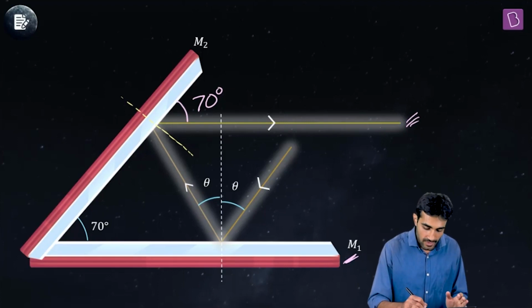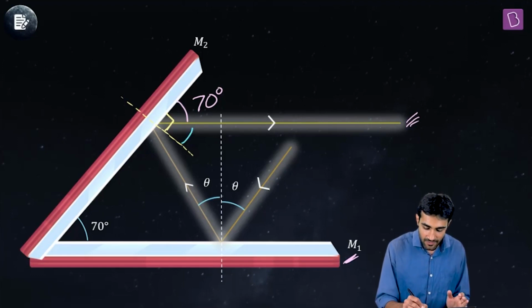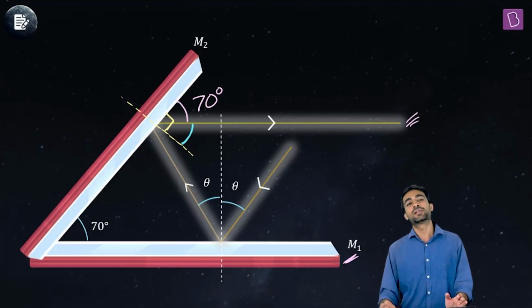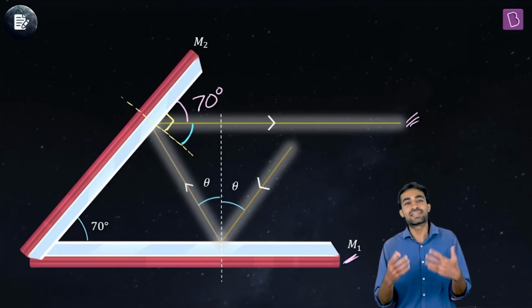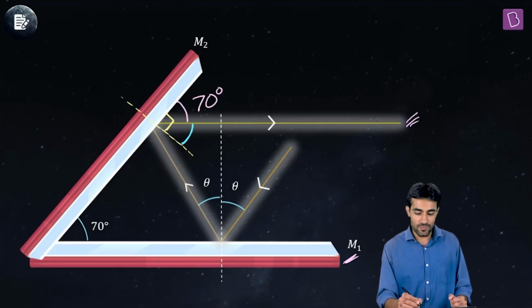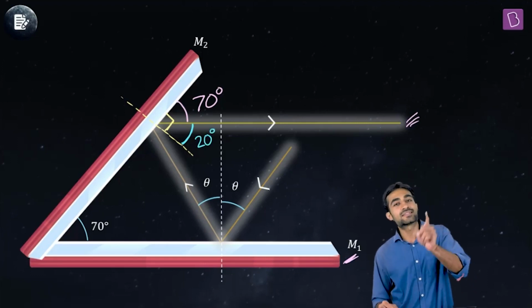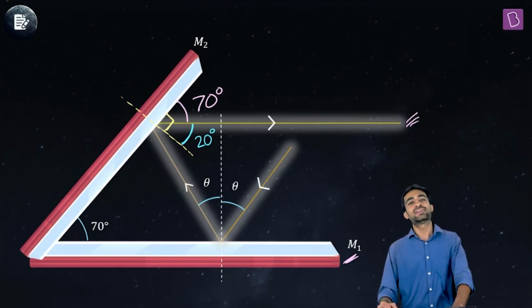This is the normal of mirror M2. This means this angle is 90 degree. What is the angle made by the reflected light ray from this normal? Can you tell me the angle? You will say yes. After all, the total angle is 90. Therefore, this must be 20 degree because 20 plus 70 is equal to 90 degree.